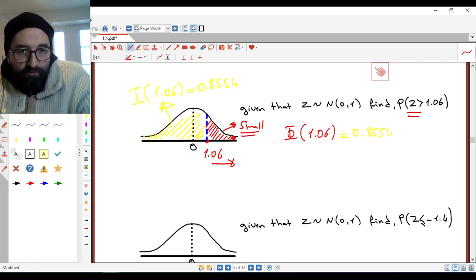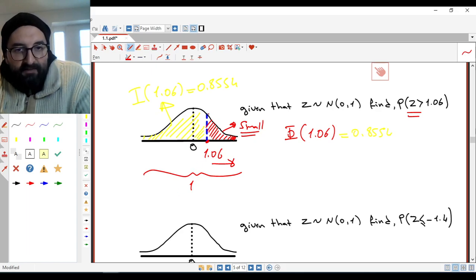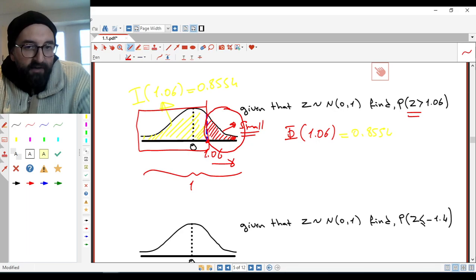We are looking for small area. And as you remember, the area under the curve also 1. And if you know the big area, you can find easily small area.